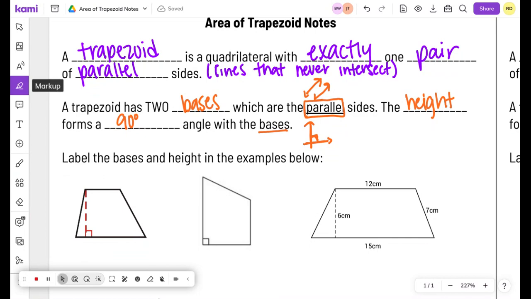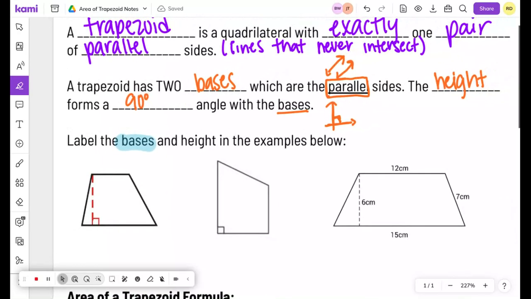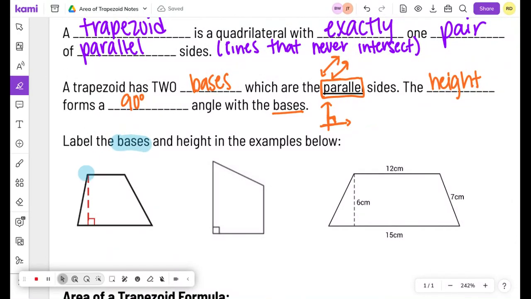Down here, it says to label the bases and the height. So we're going to highlight them. My bases are blue. So my bases are straight lines that are parallel. So in our first example, I don't need to zoom in, the bases are the top and the bottom line. Because they are straight, they are never intersecting, and they are parallel.